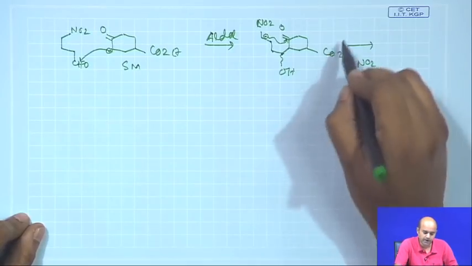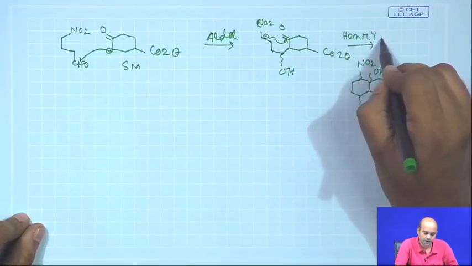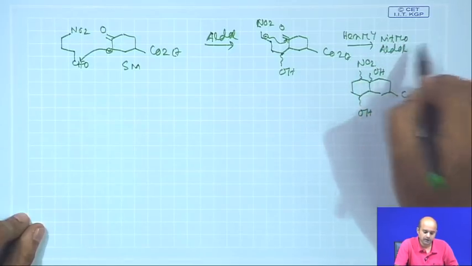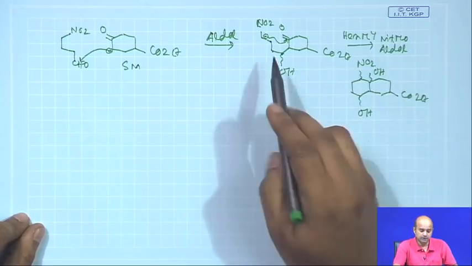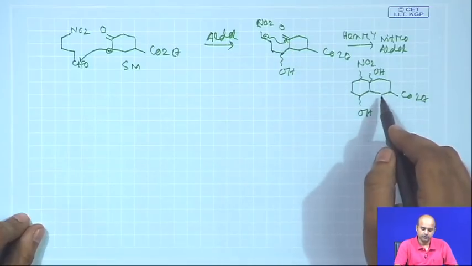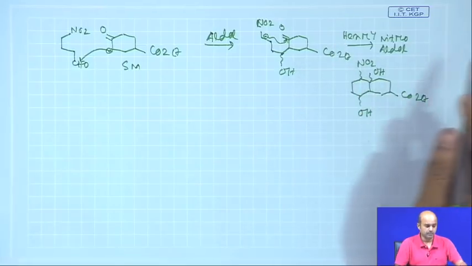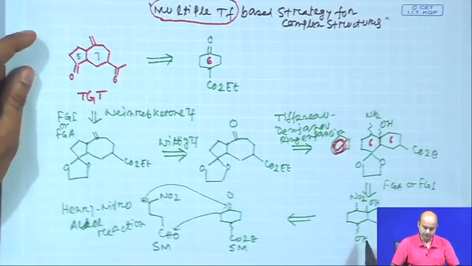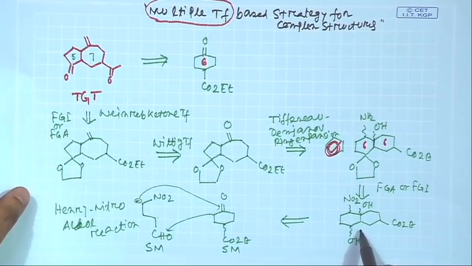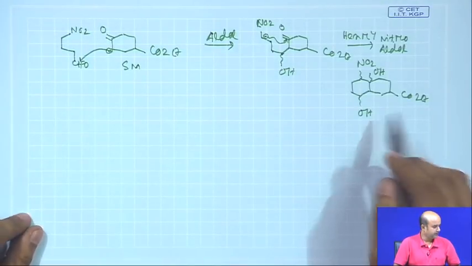This second reaction is named the Henry nitroaldol reaction. Nitroaldol means a nitro species is taken as a precursor to generate the carbanion, which then reacts with this electrophilic carbonyl group. So, this is your intermediate, and if you see the retrosynthesis in the earlier slides, we have this intermediate which we said is one of the intermediates in the synthetic pathway. So, this intermediate has been successfully generated.